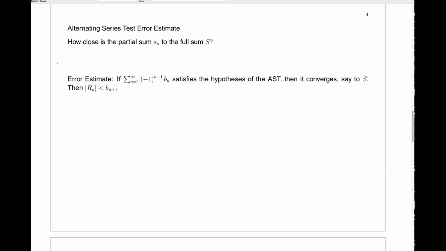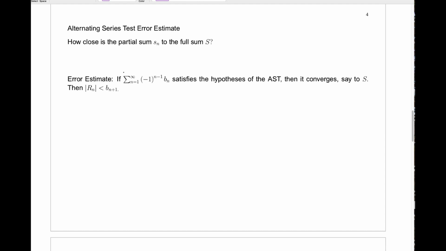Now let's talk about the alternating series test error estimate. Once we have an alternating series, one for which the alternating series test applies, and we know it converges, how can we approximate it?